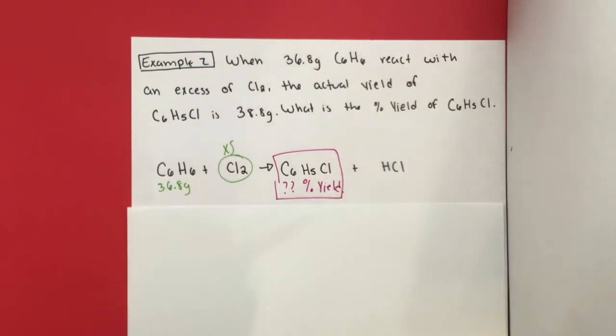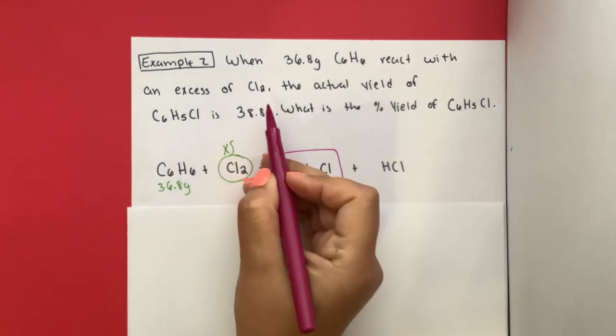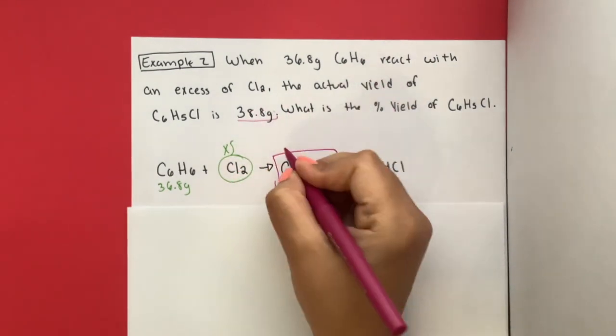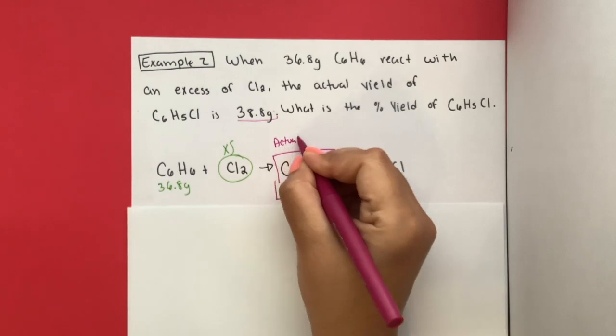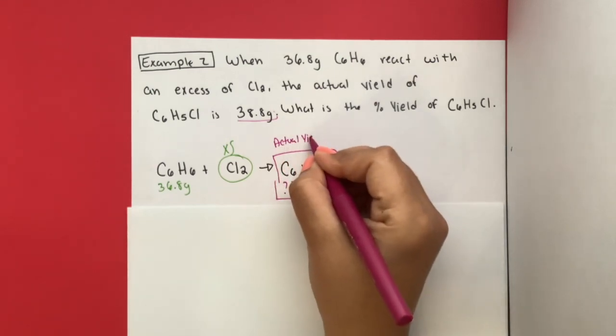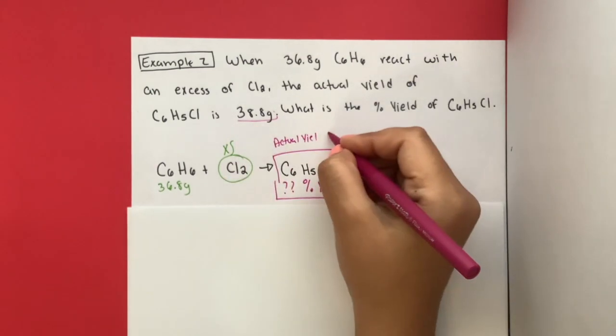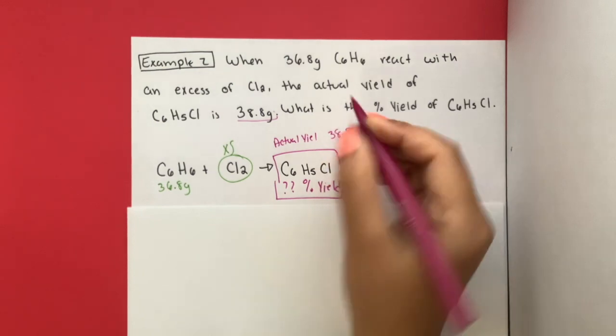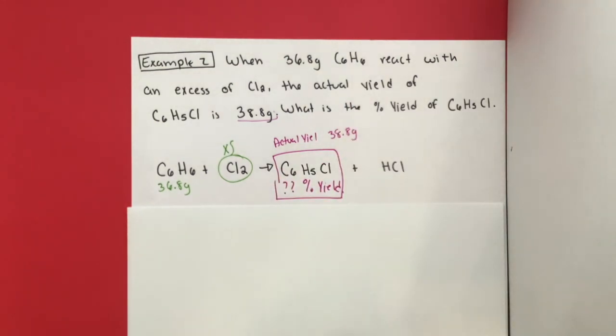This question is also telling us the actual yield. So actual yield for C6H5Cl is 38.8 grams. So we have the actual yield, we need the theoretical yield.